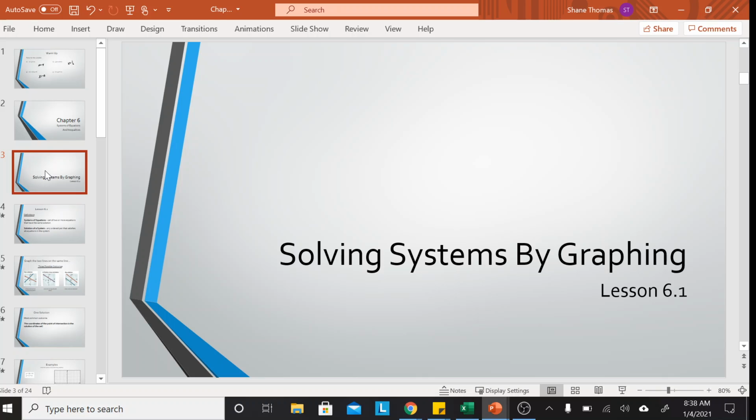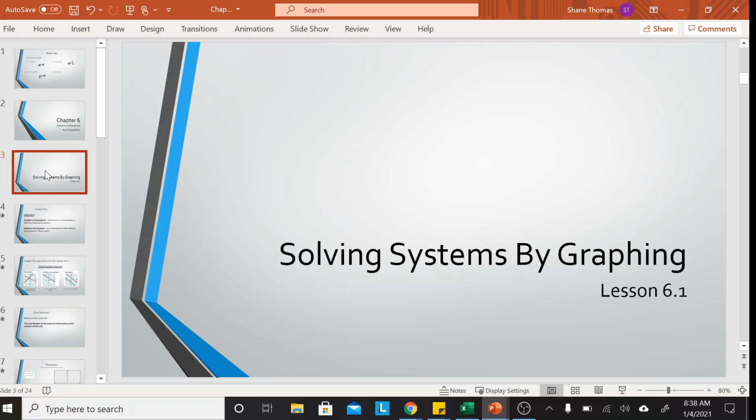I'm going to give you 3 different methods that you can use to solve systems of equations. 2 equations, 2 variables, there'll be 3 ways to solve for your x and y terms. First one is going to be graphing, then substitution, then elimination. We're going to hit each one of the 3.